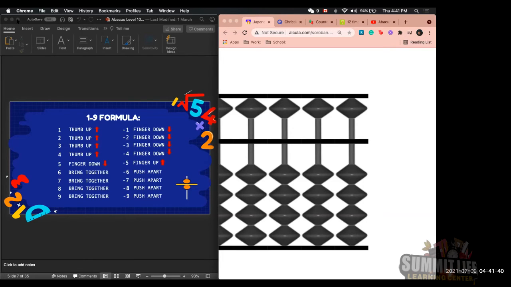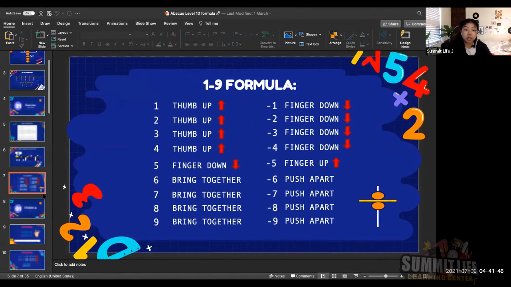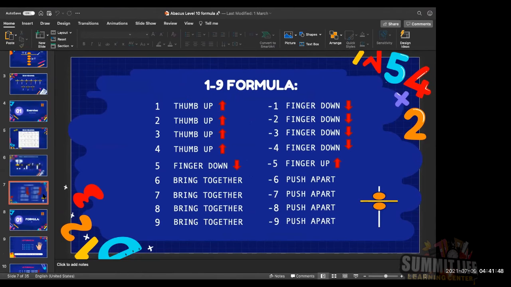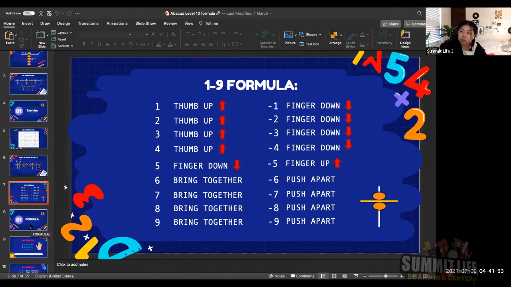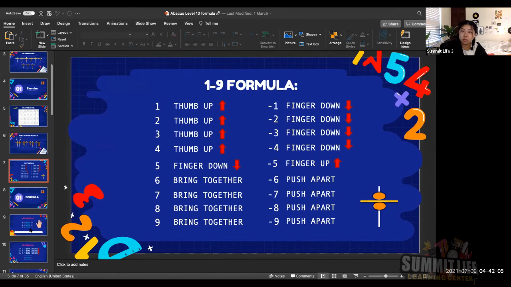It was pretty easy formula. It's just a formula where you are counting with the abacus and you don't have space to add, and then you use the formula. Okay, good. It seems you know how to do it.